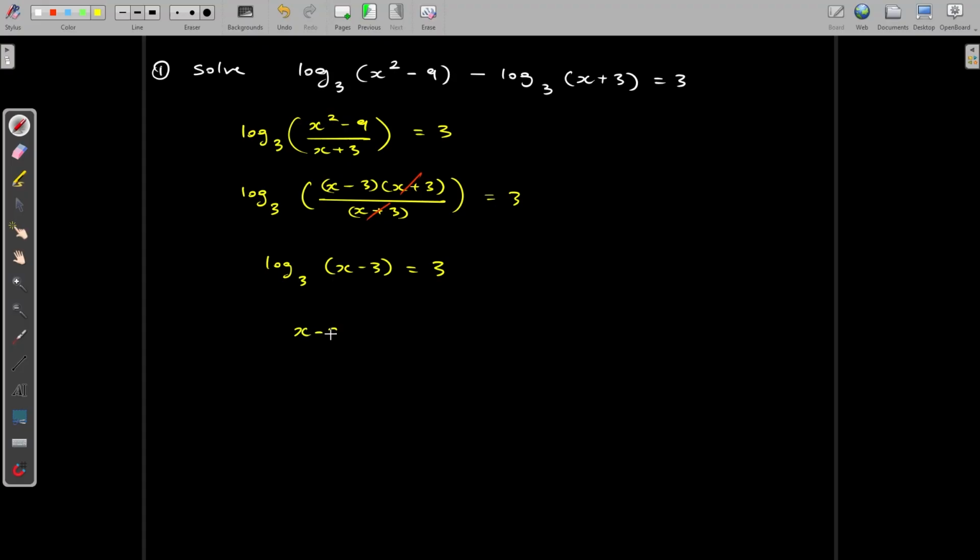Because of the rules, x minus 3 equals 3 to the third power. So x minus 3 is equal to 27, and then we transpose to get x equal to 30.